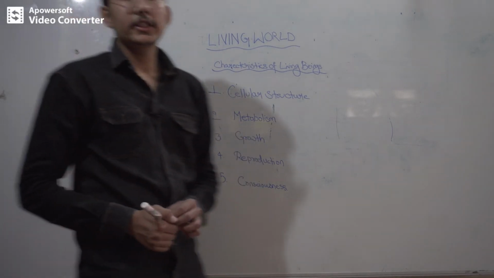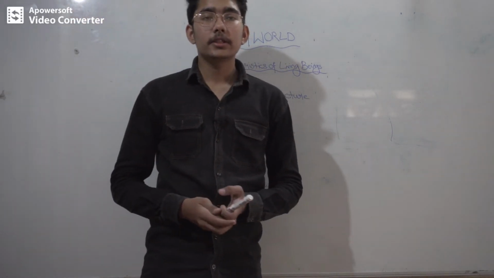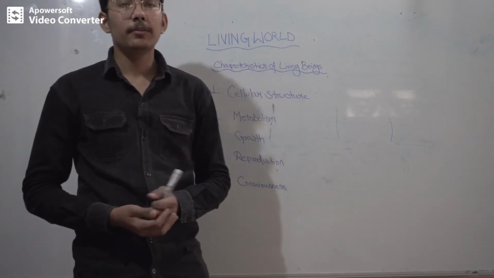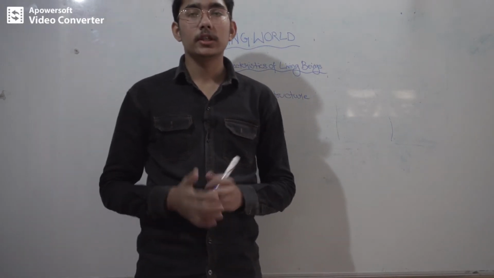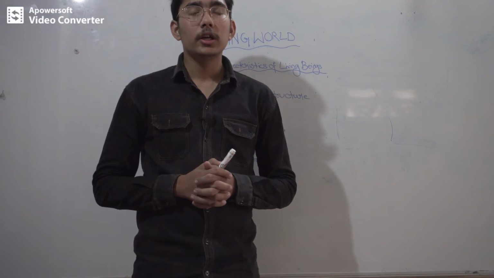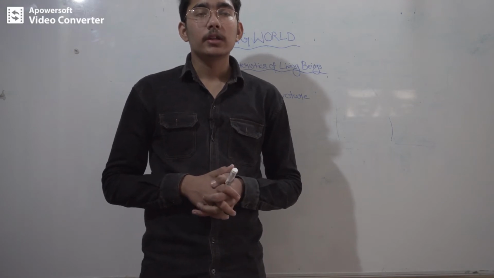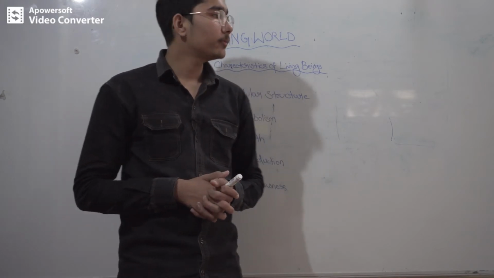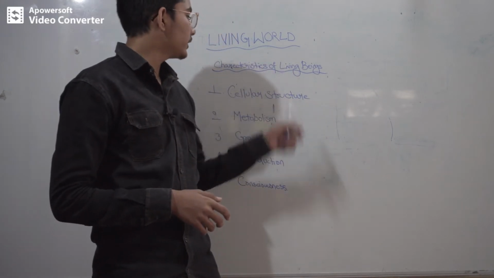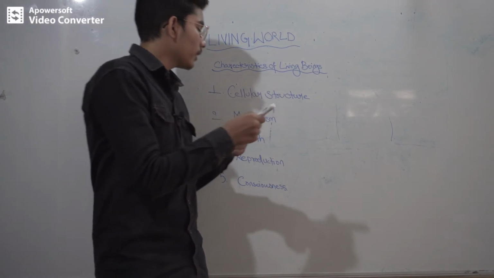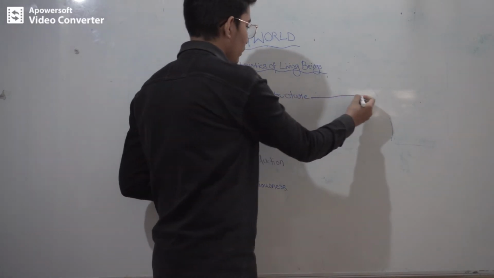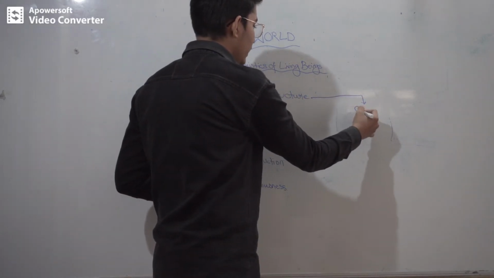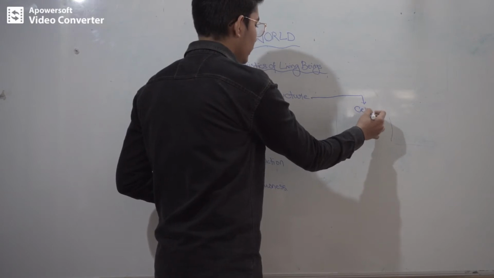You might have studied in the previous classes that all the living beings are made up of cellular structures. Their bodies are composed of millions and billions of cells. So let us discuss the first characteristic, the cellular structure. Every living being is made up of cells.